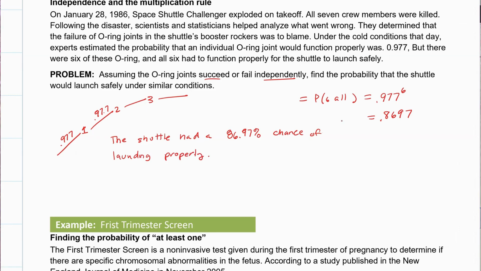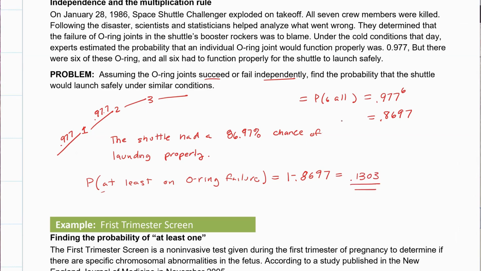Now, please note, and this is going to be reinforced again, that means the probability of at least one O-ring failure was 1 minus this 0.8697, which ends up being 13.03%.